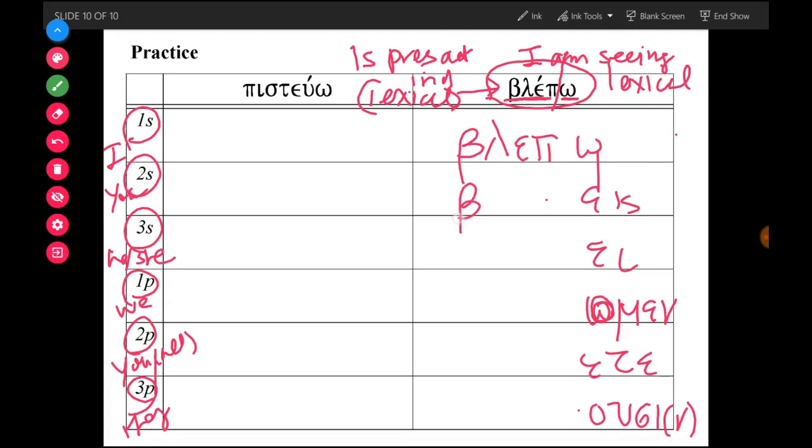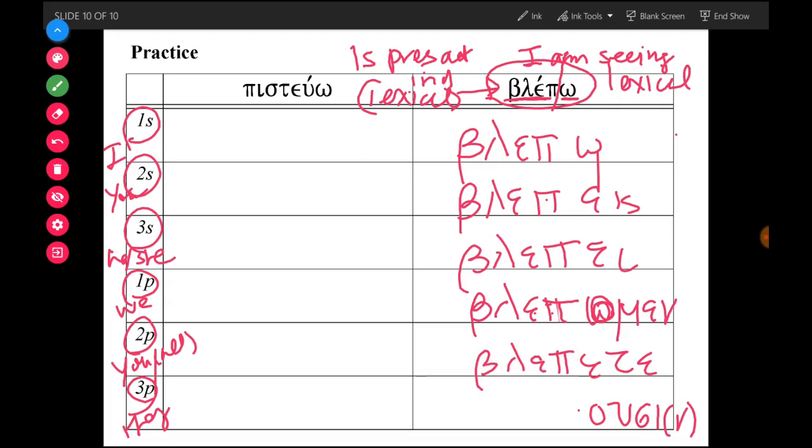So if I were to take the stem blep, combine it with eis, blepeis, that would be you are seeing. Blepei, he, she, it is seeing. Blepomen, we are seeing. Blepete, you all are seeing. And blepousi, or blepousin, they are seeing.